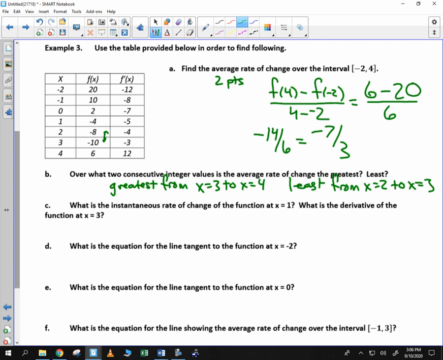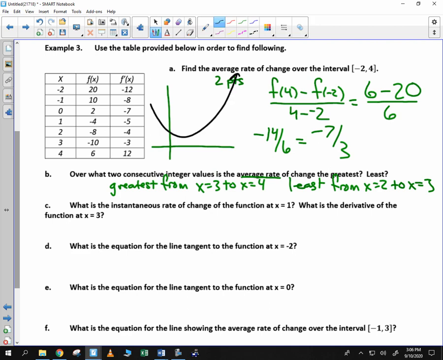Let's look at a different question. These are asking about average rate of change. Notice how I'm looking at f of x and I'm using slope and looking at the change to determine that. Now it says, what is the instantaneous rate of change of the function at x equals 1? Just to be clear, we're all understanding this together.